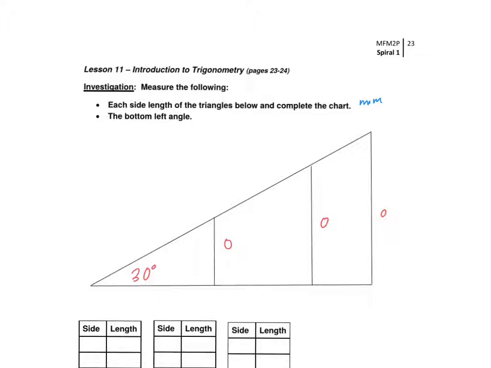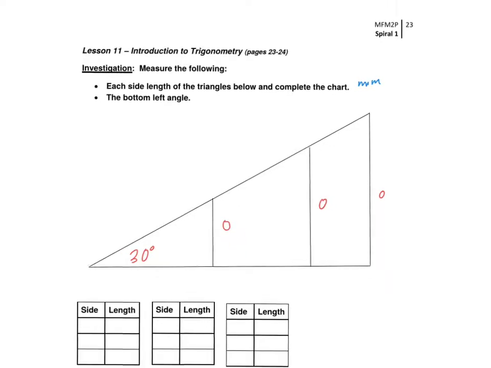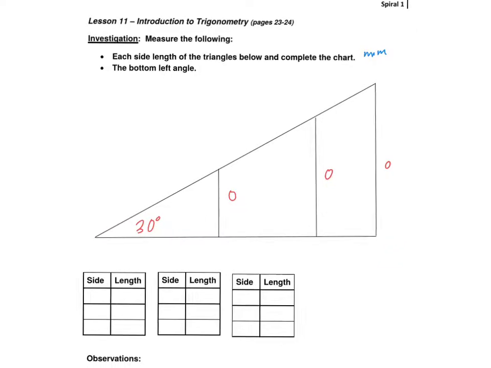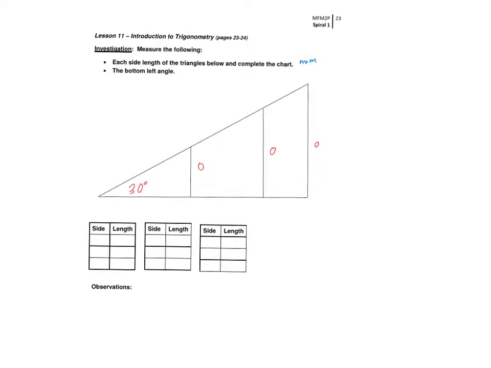Now, I also want you to calculate the adjacent, so we'll call this little a, and little a for this one goes all the way back to the beginning in millimeters, and this one goes all the way back to the beginning.